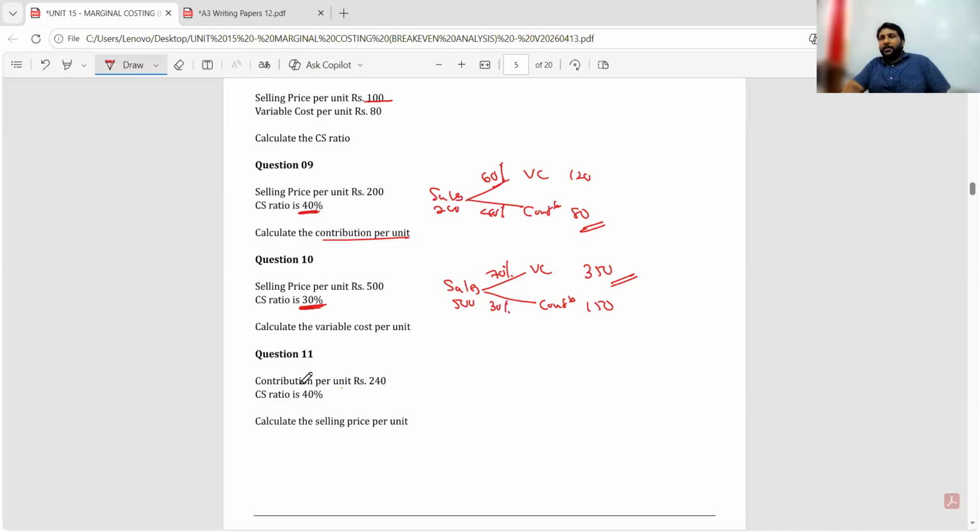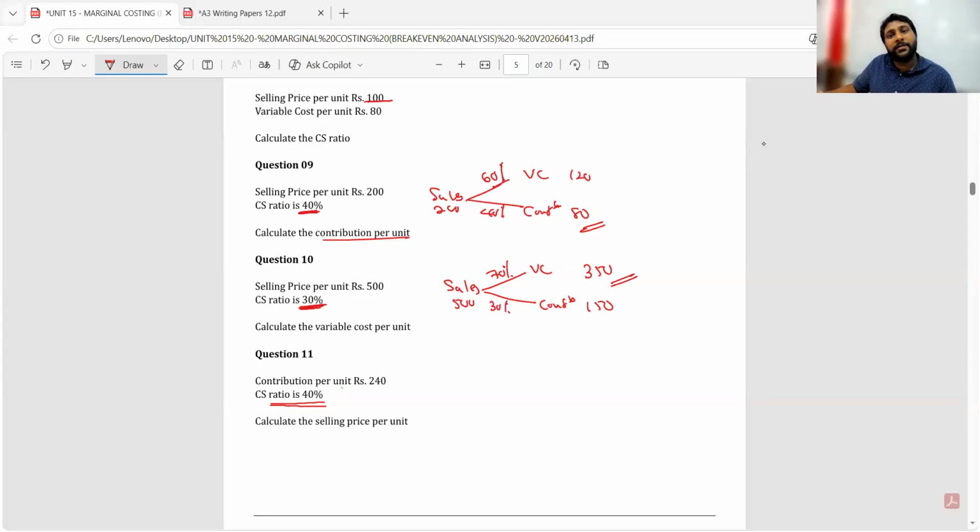Okay. Everyone tell me, what is the meaning of this 40%? Contribution per unit is the amount you get from a unit to cover the fixed cost. We can't always say it like that.